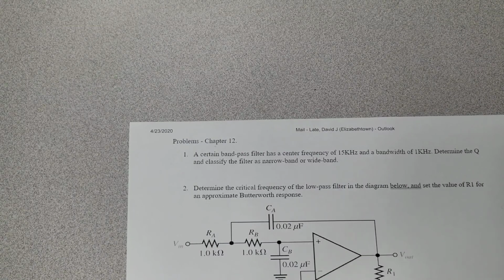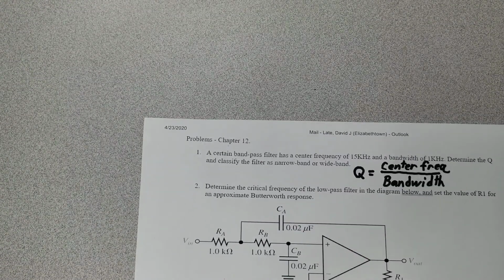There are several ways to determine the Q of a filter, but given the information provided in this problem, there's really only one way. The formula we're going to use is to divide the center frequency by the bandwidth. So we're going to divide the center frequency of 15 kilohertz by the bandwidth of 1 kilohertz.